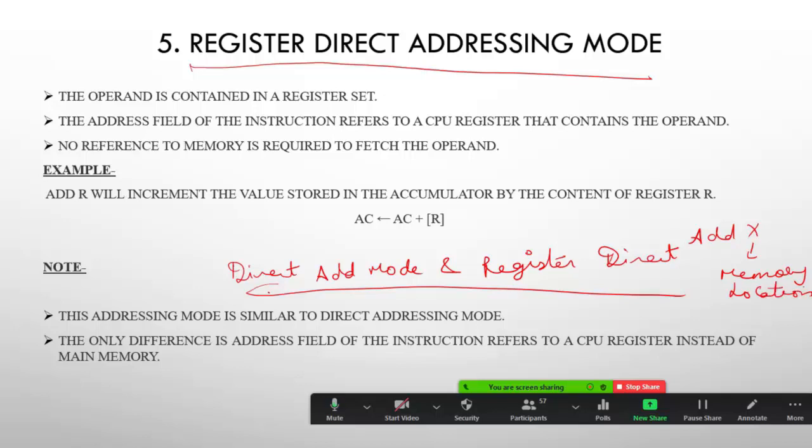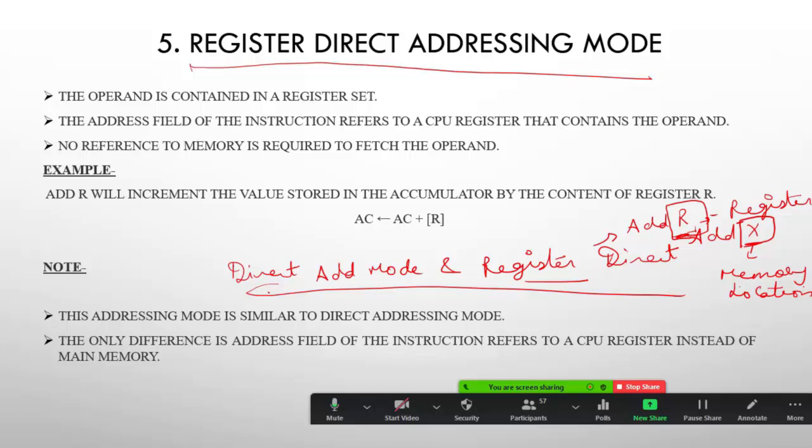But in the register direct addressing mode, the instruction will be like this: add R. Now what is R here? R means register. Whatever contents are stored in R will be added to the content of the accumulator. So here you can't use X. X is used to represent the memory location only. This is a variable reserved to represent the memory location. But R we will use to represent the register. R is also reserved to represent the value of the register.